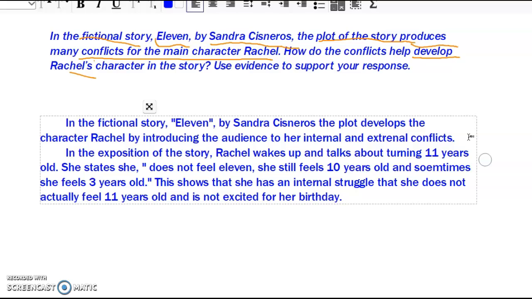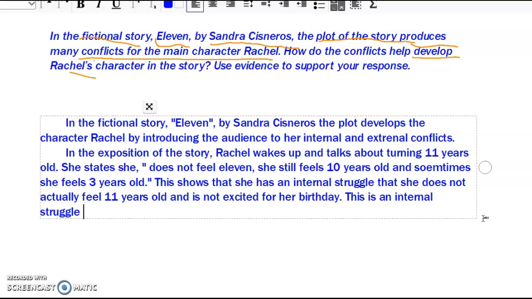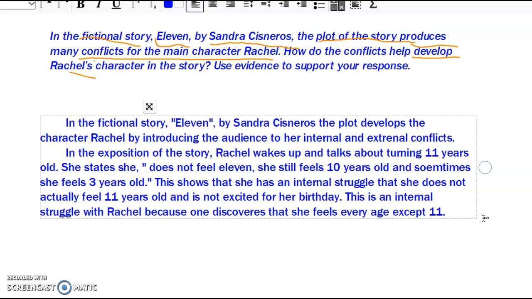So this is what type of struggle? Because it asks us in our prompt up here. This is an internal struggle with Rachel because we discover, not we, we want to say one person, or indefinite pronouns, one discovers that she feels every age except 11. Okay, let's keep going.